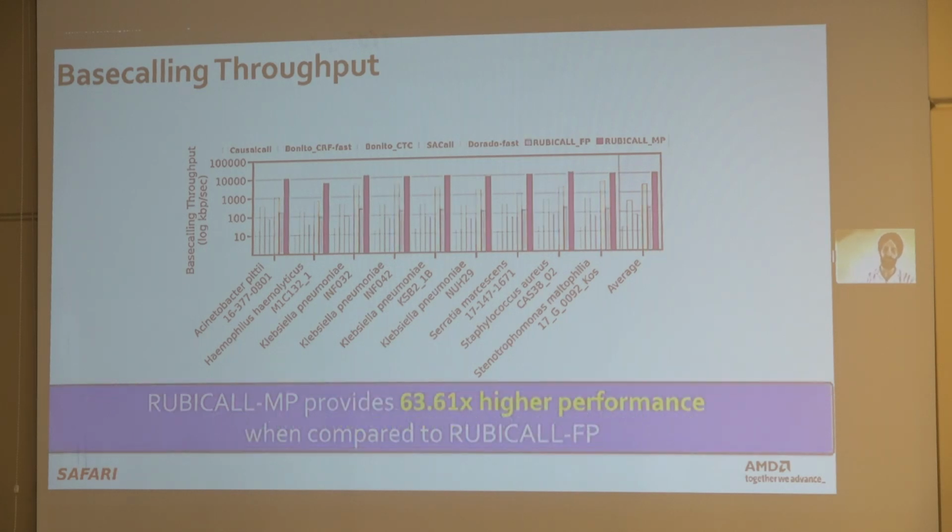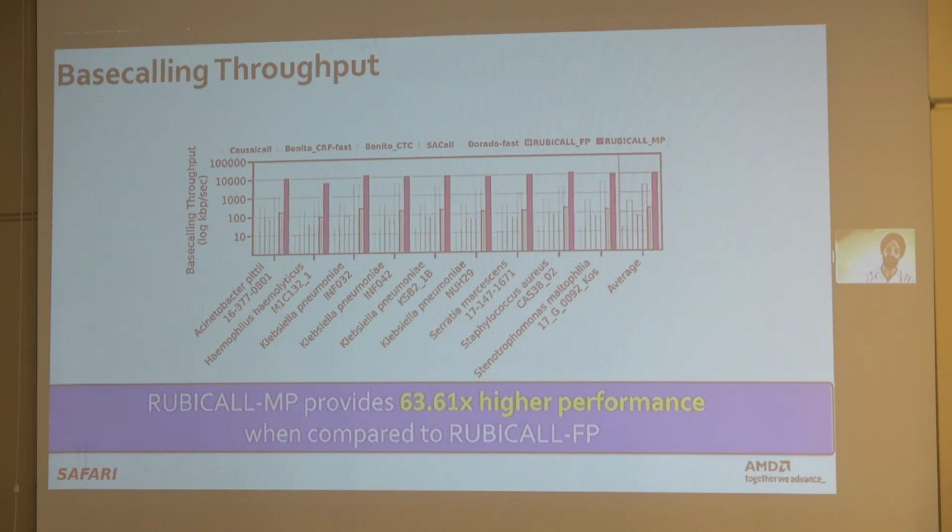And if we compare RUBICALL MP with RUBICALL FP, which is using floating point precision, just by going to a mixed precision architecture, we are able to get 63x higher performance, which is quite amazing compared to other basecallers which are still using floating point precision.